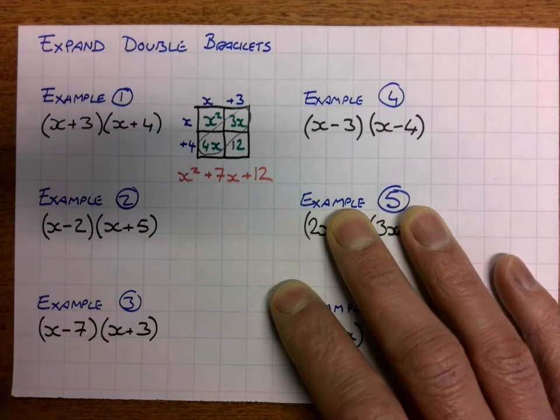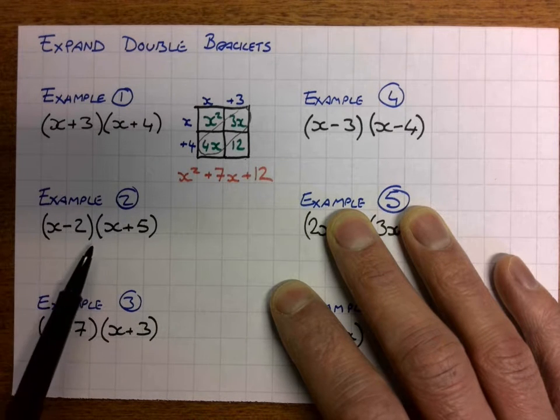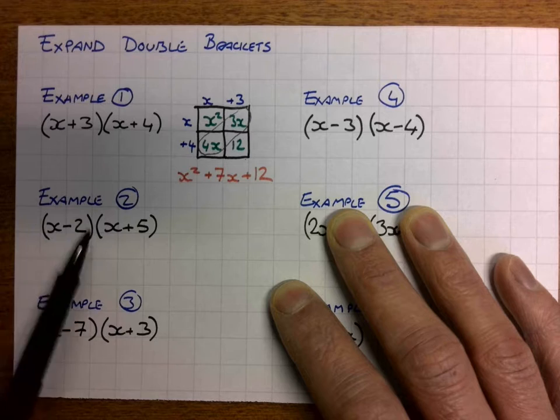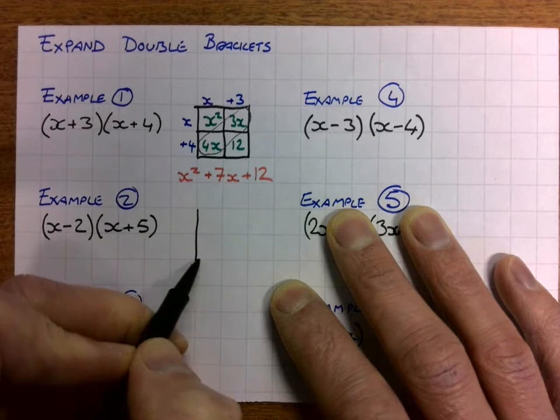Okay, so the second one. What's changed on the second example? In the first example we had plus 3 and plus 4, so everything's positive. In example 2, I've got a negative 2, take away 2. So that's what's changed. We're going to see some negatives.